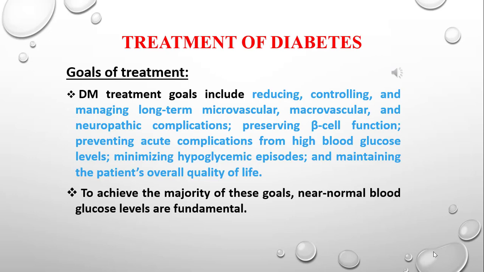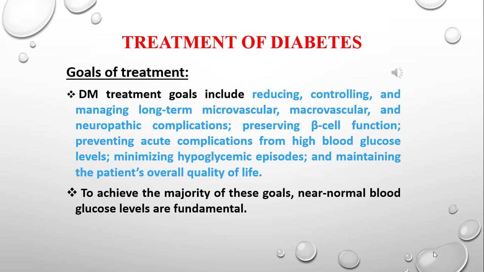For the treatment of diabetes, we will set goals that include reducing, controlling, and managing long-term microvascular complications, meaning neuropathy and nephropathy, and macrovascular conditions, meaning ischemic heart disease, etc., and the neuropathic complications, preserving beta cell function, preventing acute complications from high blood glucose levels, minimizing hypoglycemic episodes, and maintaining the patient's overall quality of life.